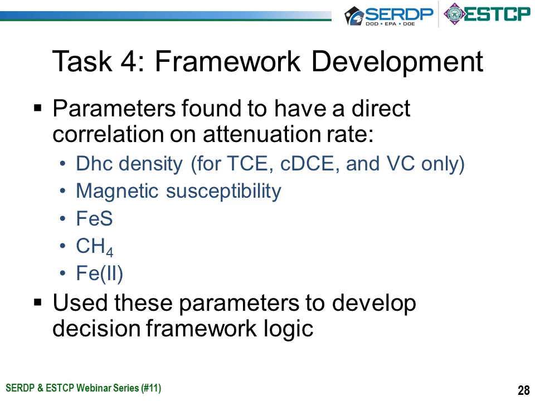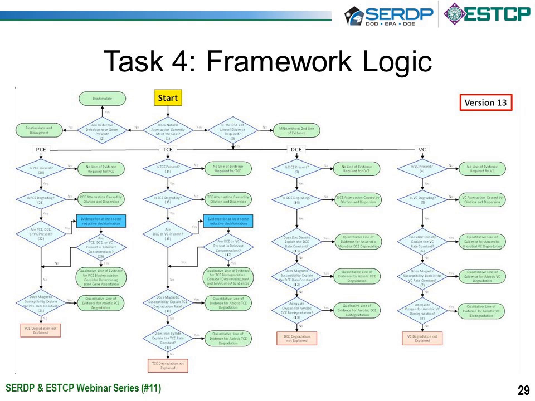And those parameters are the Dehalococcoides density, although not in the case of PCE, as there are other microbes degrading. It was also directly related to magnetic susceptibility, to ferrous sulfide, methane, and ferrous iron. So we use these parameters to design and develop the decision framework logic, which is in this next few graphs.